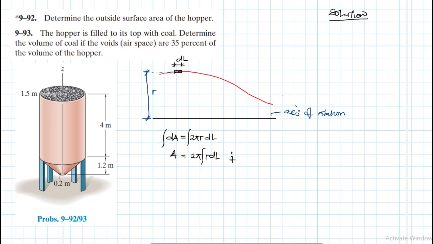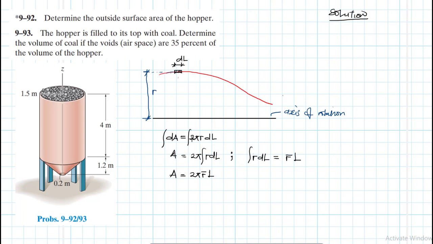And if you remember from our previous lessons on centroids, you know that the integral of r dl is also equal to just the centroid r bar times L. Remember this, right? This is equal to this. And if this is the case, then we can write area as therefore equal to 2 pi r bar L.